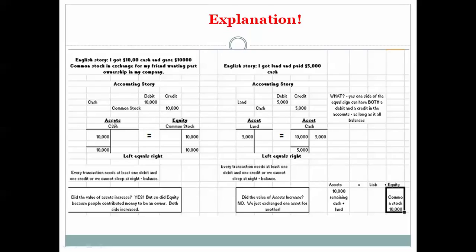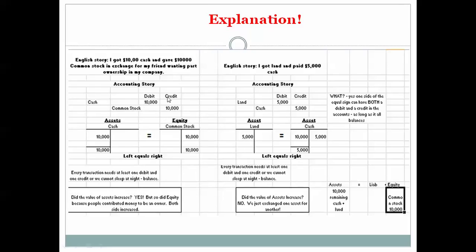So in this case, we have the asset cash, the equity common stock. They're on the left and the right hand side of the equal sign. We take the $10,000 in the journal and we post it into the ledger on the left hand side, the debit side, and we can see that we've got $10,000. We post the equity on the credit side, and we can see $10,000.